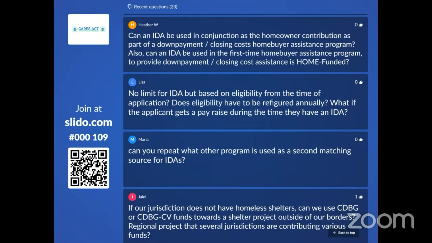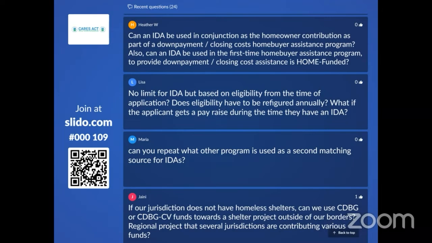IDA, okay. Yes, it can be used if you have an IDA. You can use it for anything associated with buying a house, with homeownership assistance, let's say under 201N. Because when you're doing the IDA, there's no such eligible activity in the regs or statute as IDA.